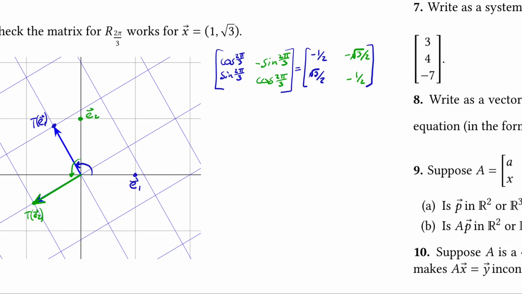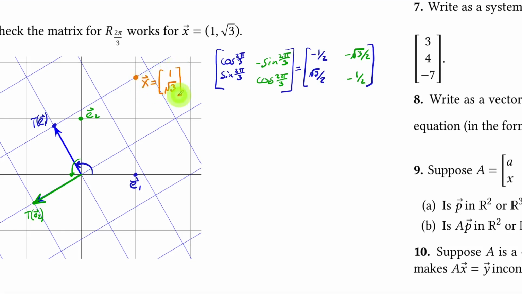Now, let's check that this works for the point x equals (1, root 3). So that point is right here. And the reason we're doing this point is it's a special point because it's actually already at an angle of pi over 3.